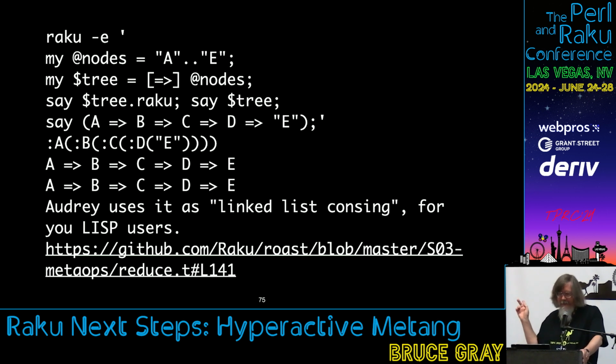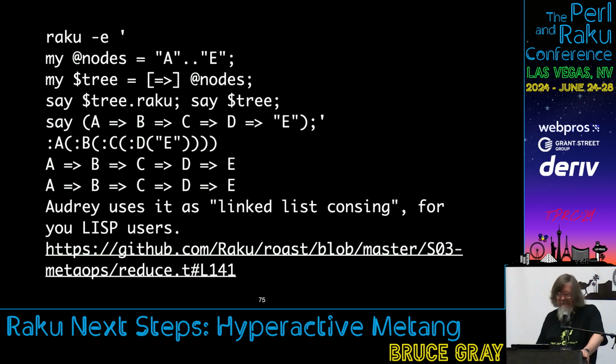during the development, Audrey Tang noticed that, okay, so third line, my tree equals, what happens if you put a pair constructor in a reduction? Then you get a tree of A points to B, points to C, points to D, points to E, which in Lisp is a linked list.